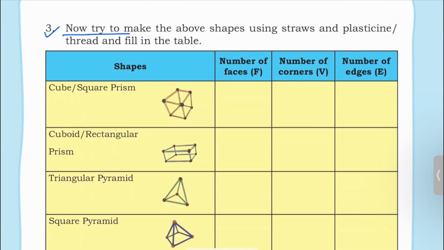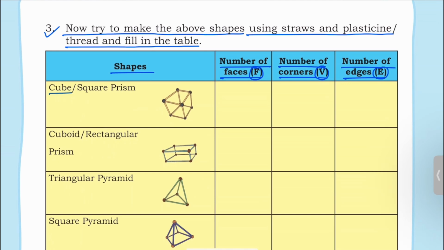Three. Now try to make the above shapes using straws and plasticine or thread and fill in the table. Shapes, number of faces, number of corners or vertices, number of edges. Symbol for faces F, corner or vertices V, edges E. Cube or square prism.